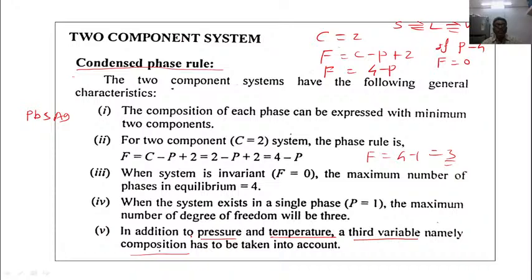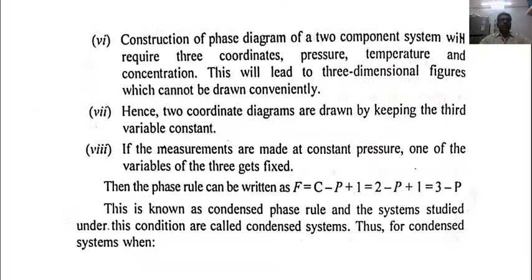It means we have to change the 3 variables and study the system. So it is quite difficult. Construction of the phase diagram of the two component system will require 3 coordinates. According to the phase rule, F is equal to 4 minus P. So we require 3 coordinates: pressure, temperature and concentration. 3 variables are required, so this will lead to 3-dimensional figures.